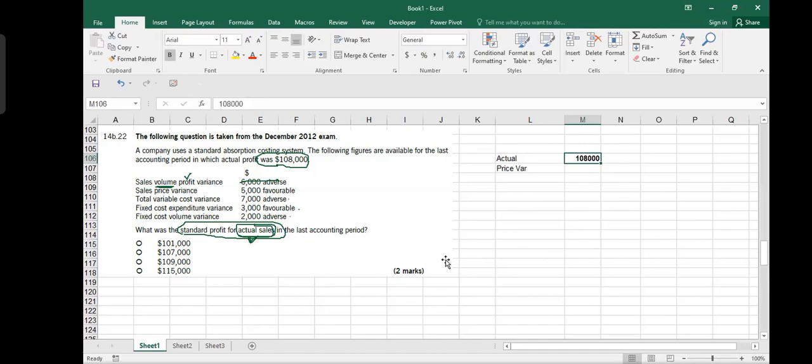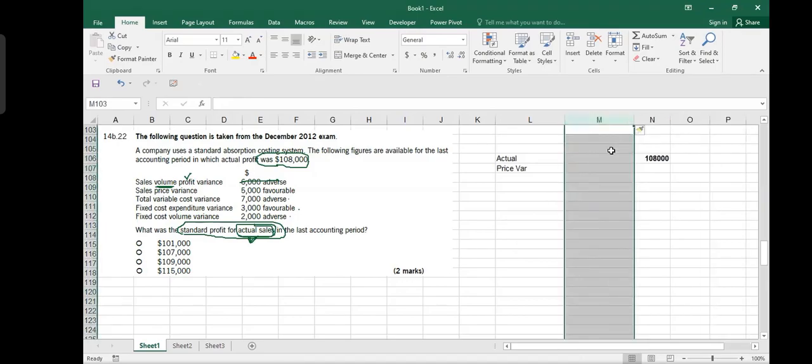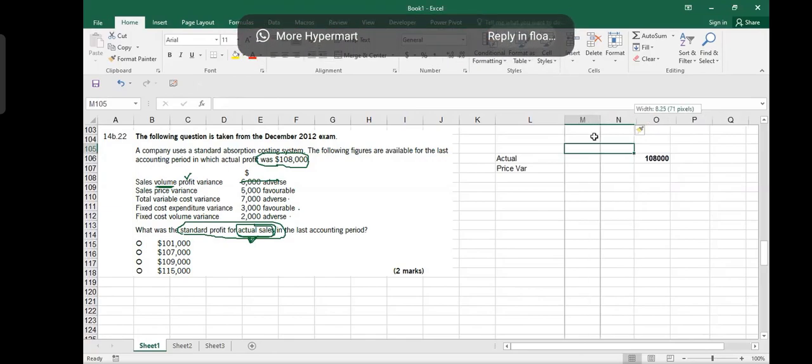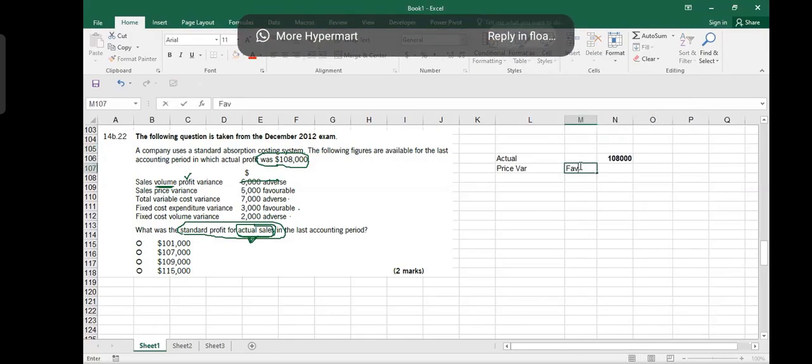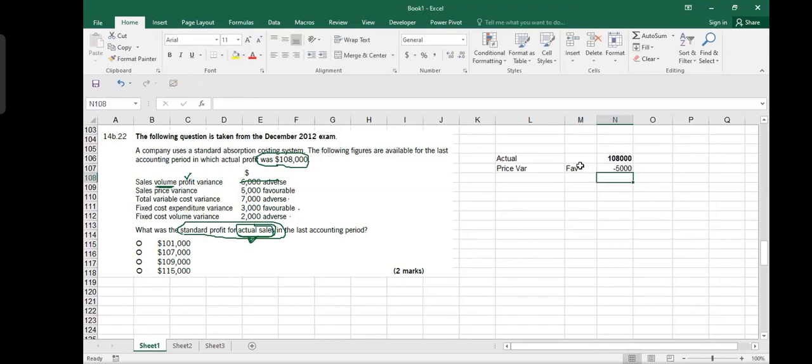In standard, it should have been less. Because it is favorable, I will subtract here. I say that of this 108, this 5,000 I made more. In standard, it should have been less. So favorable means in actual you made more, so standard was less. That's why you call it favorable.